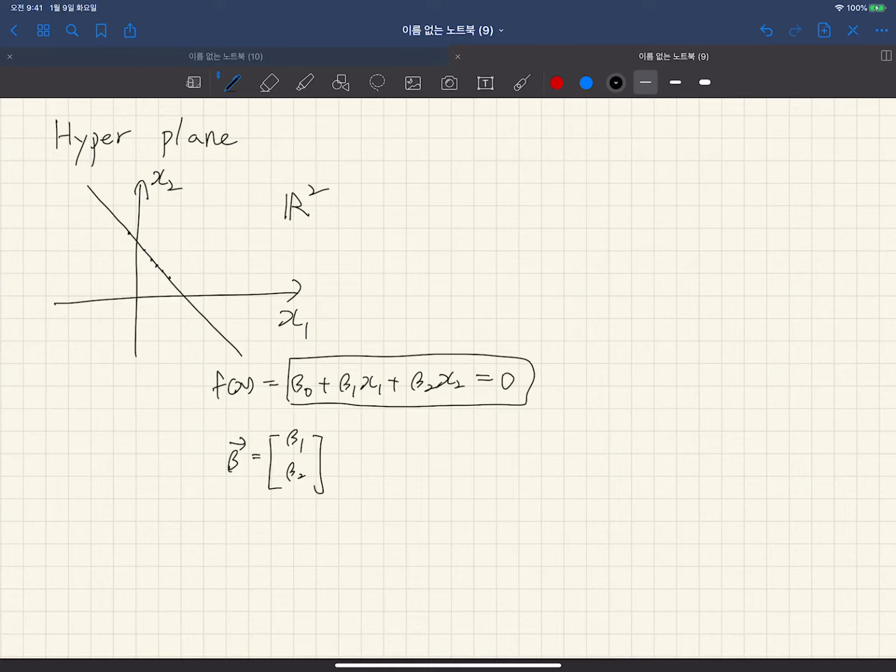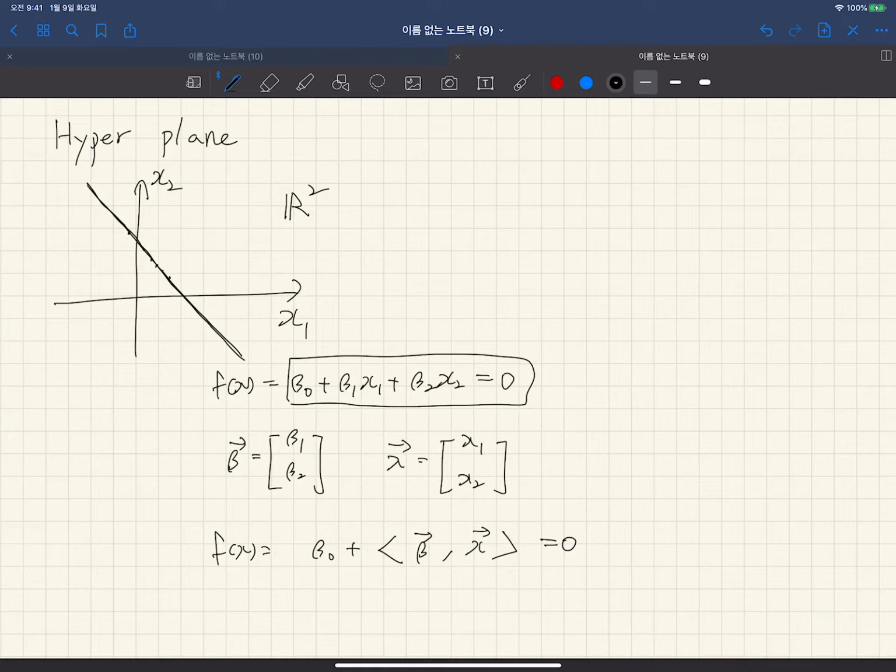Let's say x vector is the x1 element and x2 element. Then the function f(x) is equal to beta 0 plus the inner product between beta vector and x vector, and setting it equal to 0 indicates the line here.